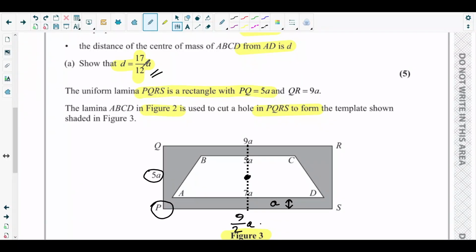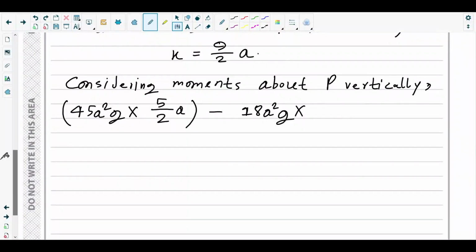But now with that distance, we have to add A. So 17/12 A plus A, that would give you 17/12 plus 1. Okay, this is equal to 45 minus 18, that is basically 27.